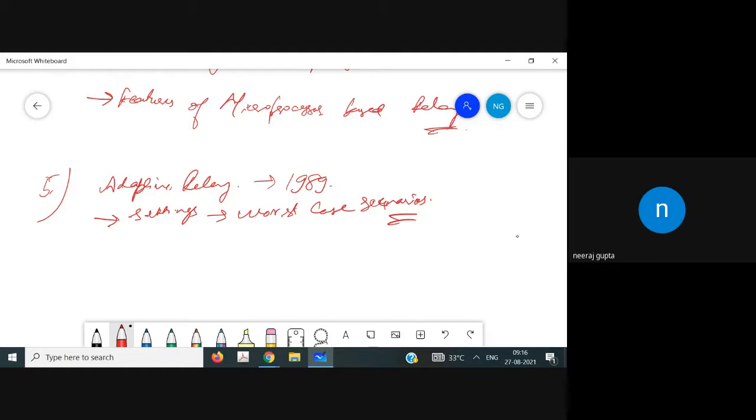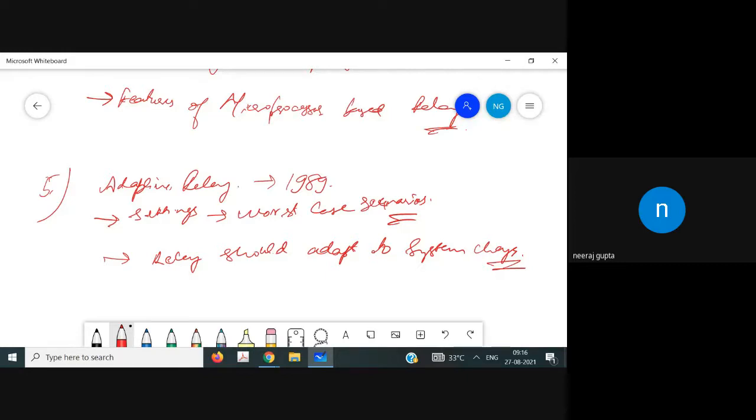The relay engineers have dreamed that the relay could adapt to system changes, and with the development of high-speed microprocessors and new tools for signal processing and digital communication, this dream is turning true.